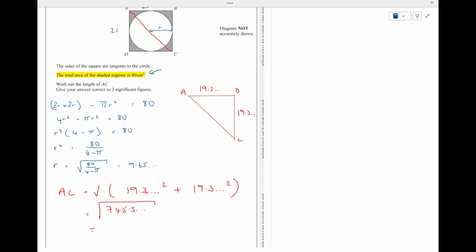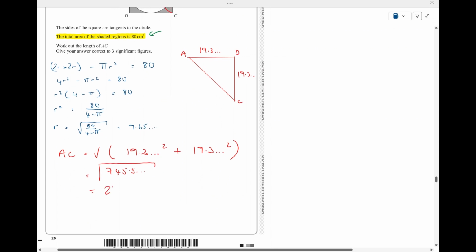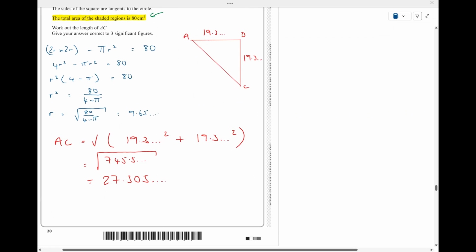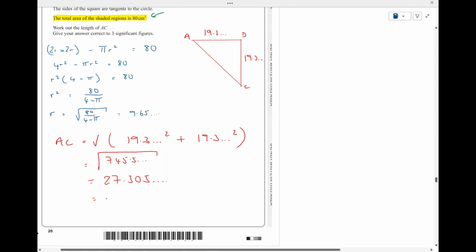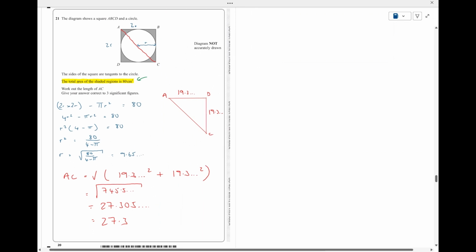So on my calculator, I'll square root that. Gives me an answer of 27.305 and so on for AC. And asked to give my answer to three significant figures, 27.3 centimeters. And that is my solution for 21.